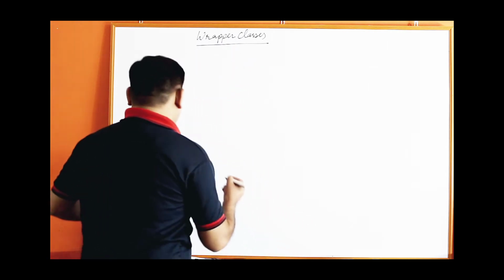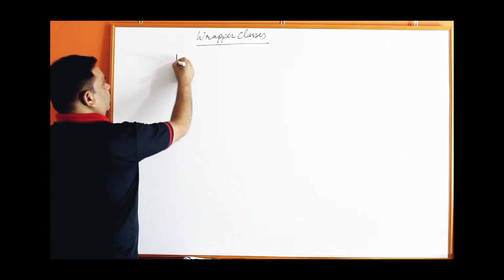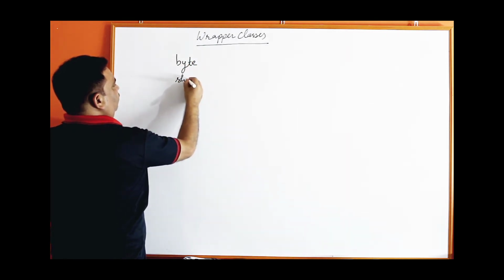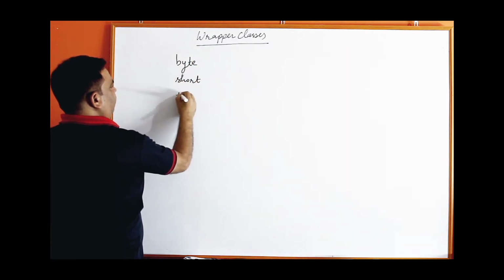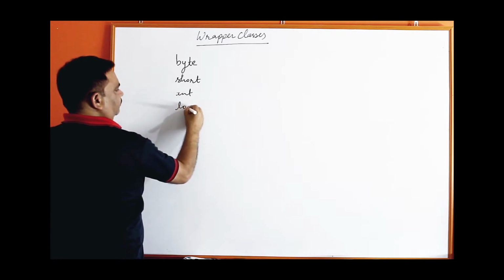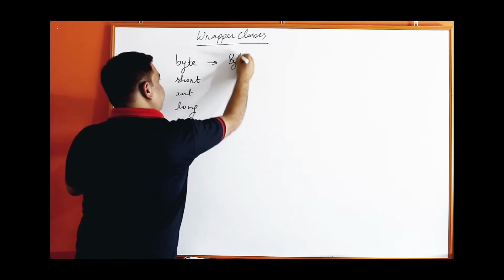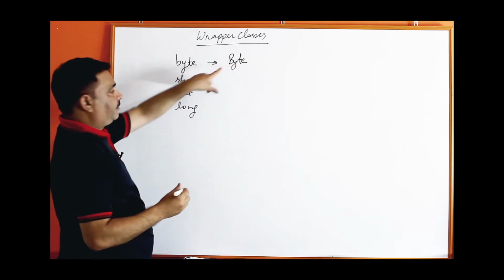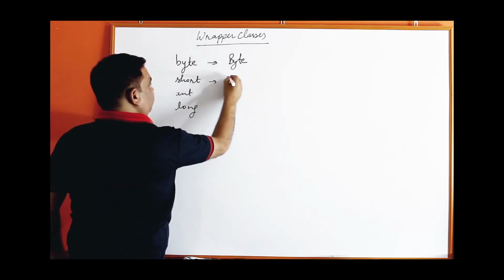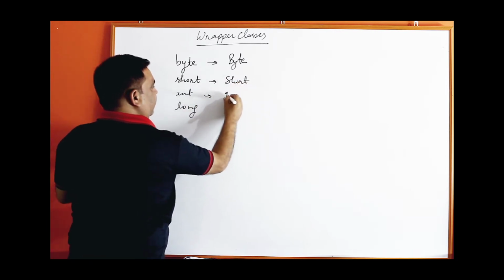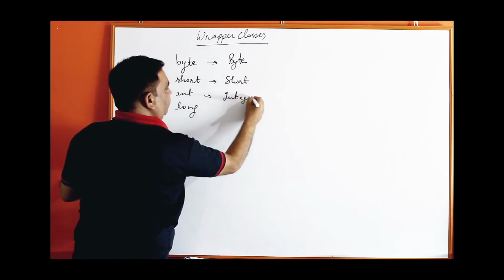See, first of all, the data type names are byte, short, int, long. And the wrapper class name is also Byte, but here B is capital. For short, the wrapper class is Short, S is capital. For int, the wrapper class name is Integer.